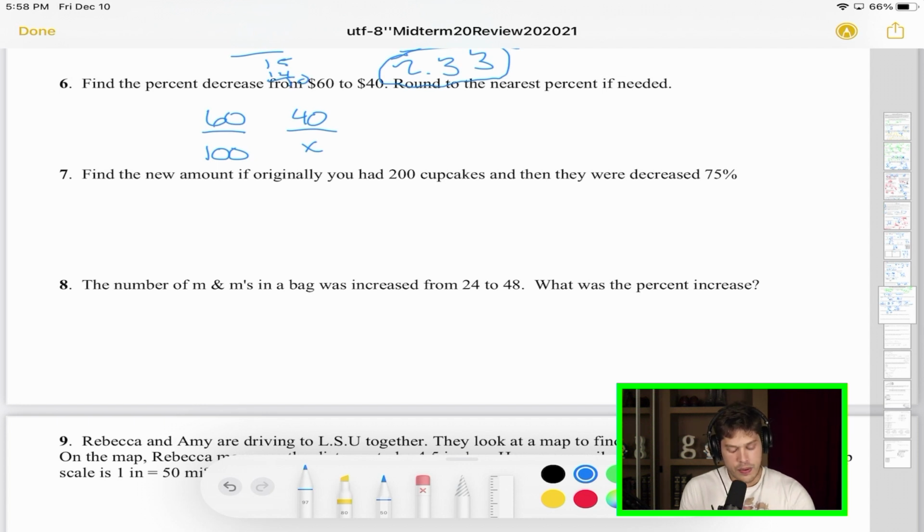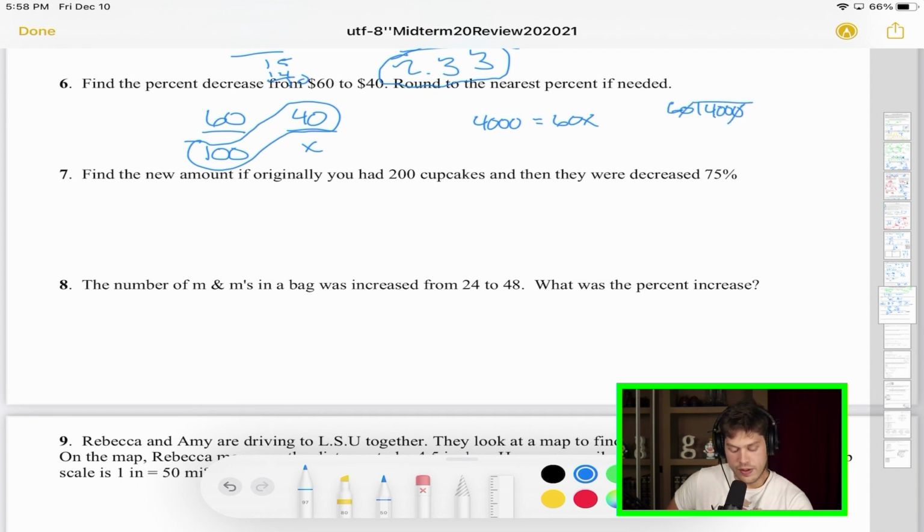So to some people, you'll know this answer immediately. Pretty sure it's 66 2/3. But if you don't, we'll just cross multiply. 100 times 40 is 4,000. 60 times x, 60x. And then you divide the two. Okay, 4,000 divided by 60.